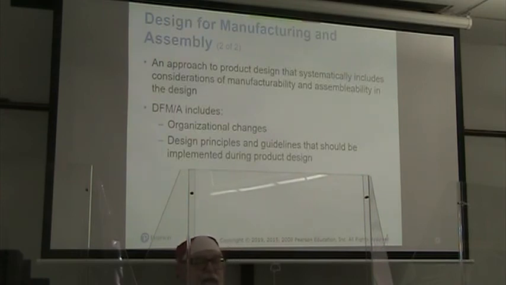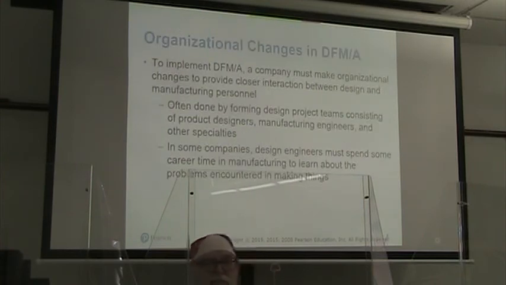So, our design for manufacturing and assembly is going to include organizational changes and what are the design principles and guidelines that are going to be implemented during the product design so that it is designed for the manufacturing and assembly processes.